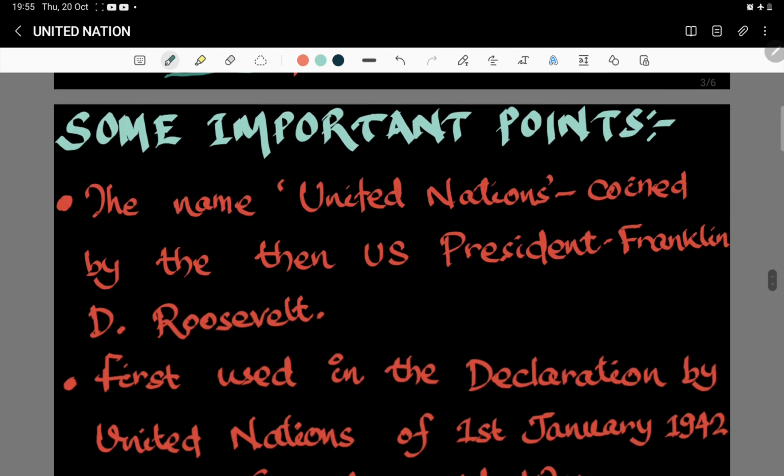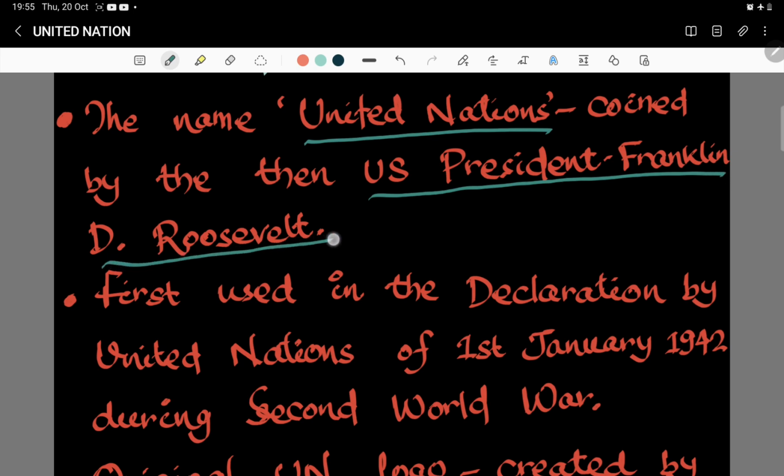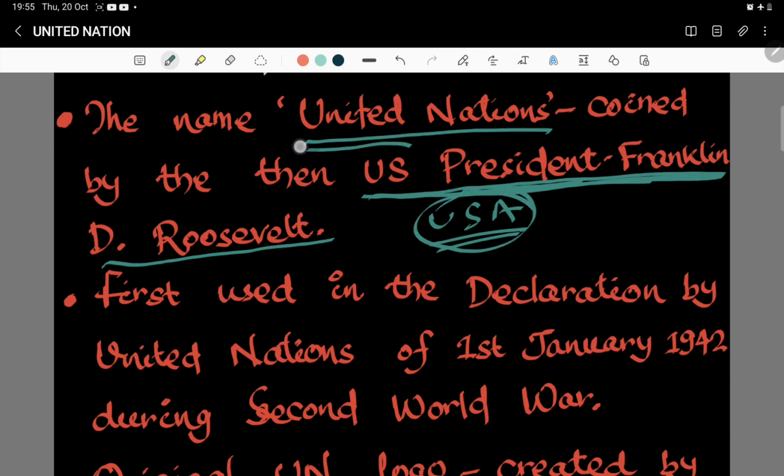Here are some important points about the United Nations, which are important from different examination points of view. What are those? First, the name United Nations.